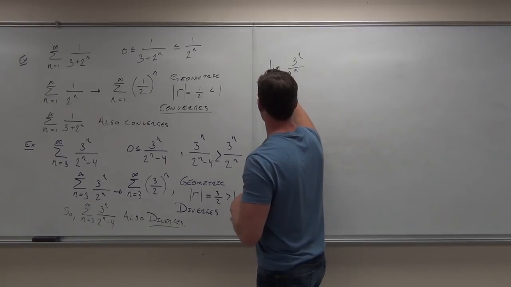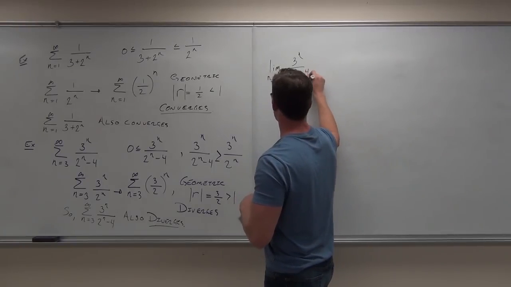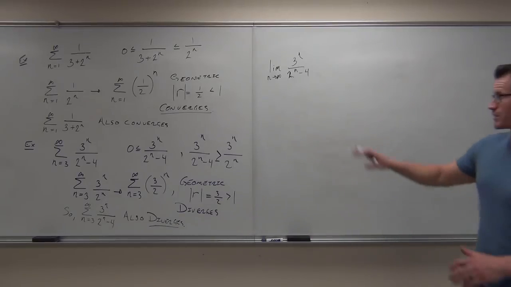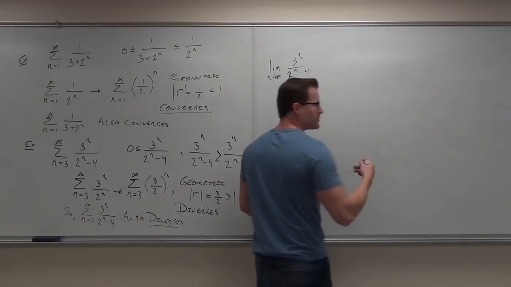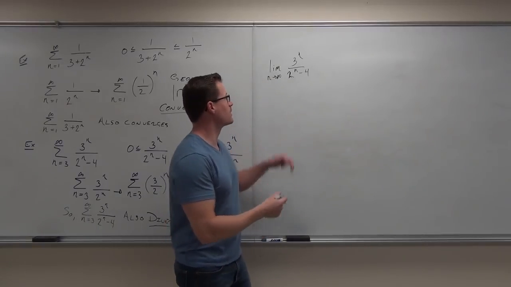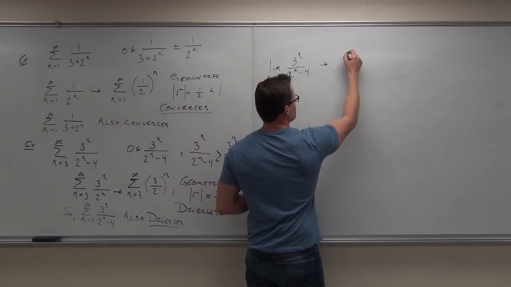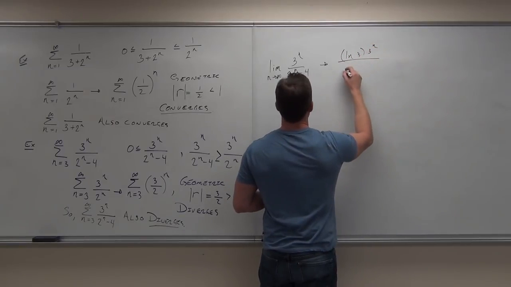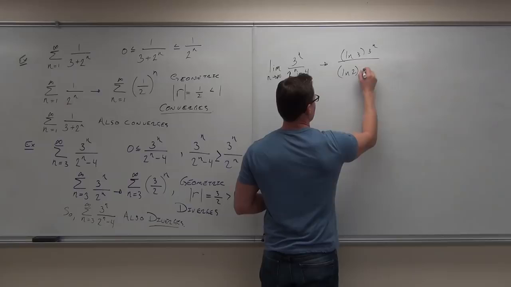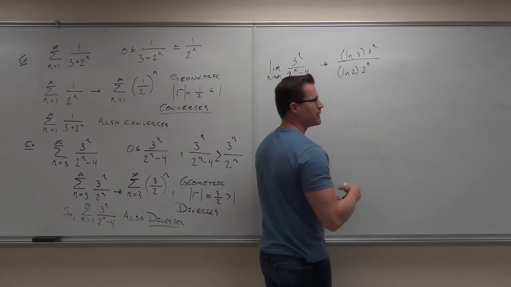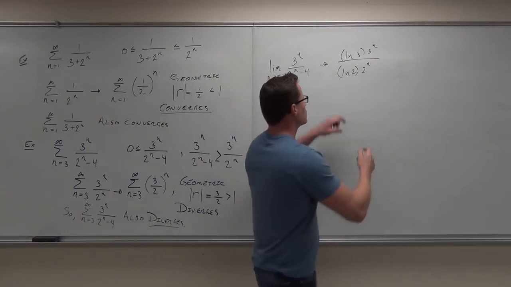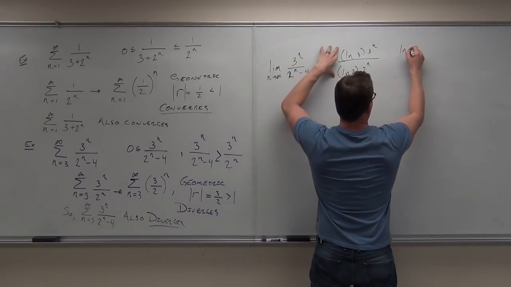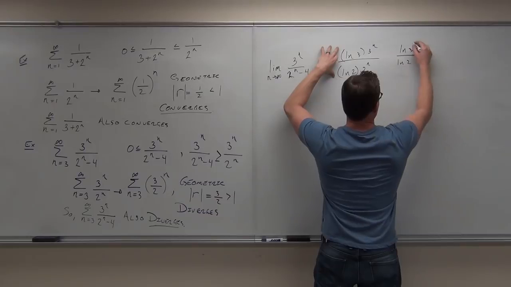Now, doing this appropriately would take a little work because you can't just start with 3 to the n over 2 to the n, without the minus 4. So you'd probably have to use L'Hopital's and say this is infinity over infinity to get rid of that 4. So you have ln 3 to the n, over ln 2 times 2 to the n. Then you say that's a constant, so pull out the ln 3 over ln 2.